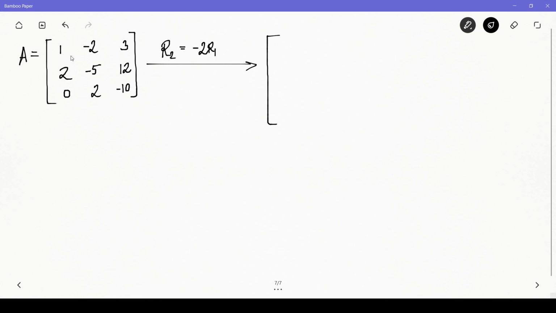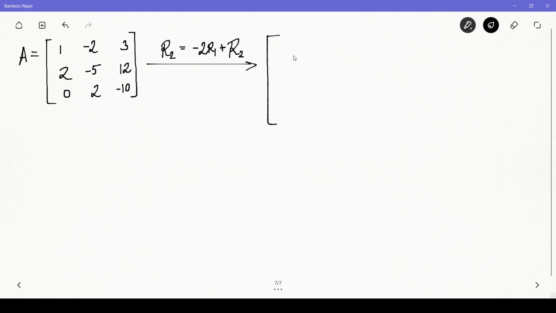This is the transformation that we are going to do in order to eliminate this entry over here. I hope my cursor is being seen right now, unlike the previous lecture.